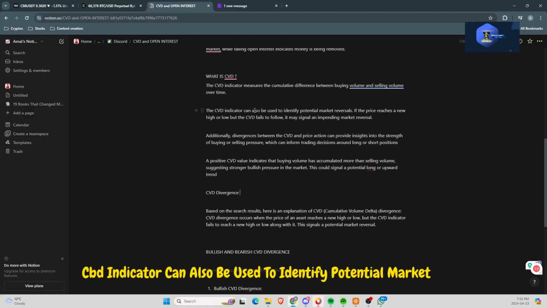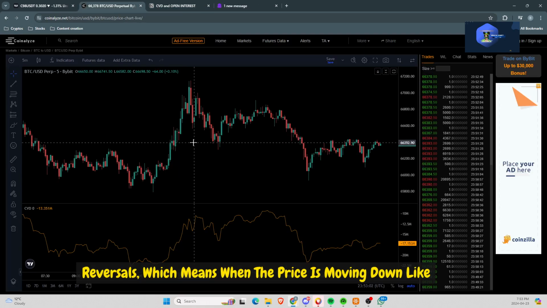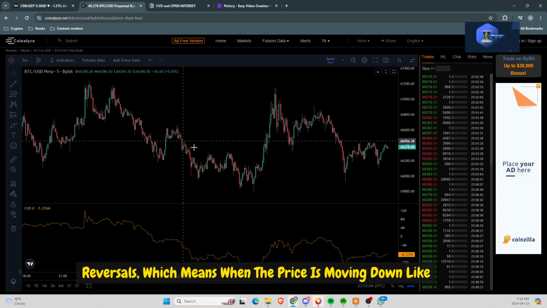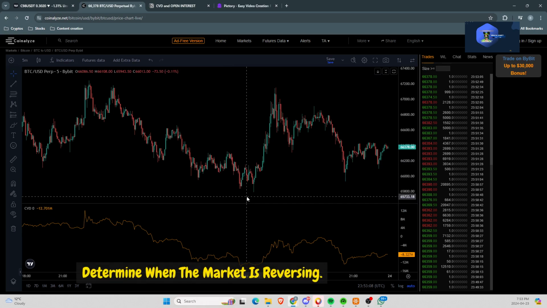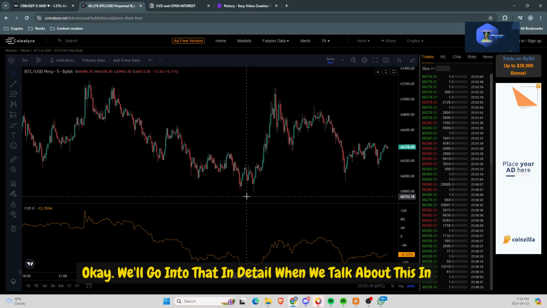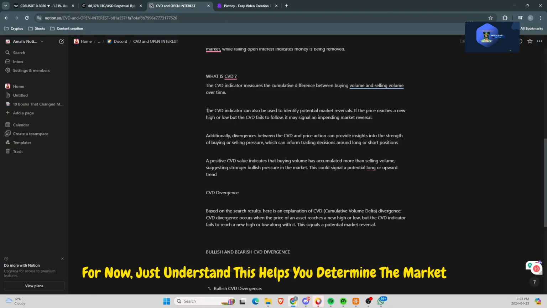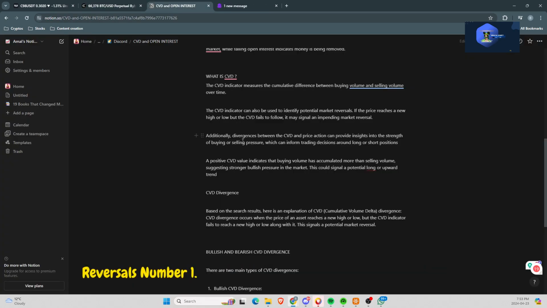Okay? The CVD indicator can also be used to identify potential market reversals, which means when the price is moving down like that, CVD divergence helps you determine when the market is reversing. We'll go into that in detail when we talk about different time frames. For now, just understand this helps you determine the market reversals, number one.